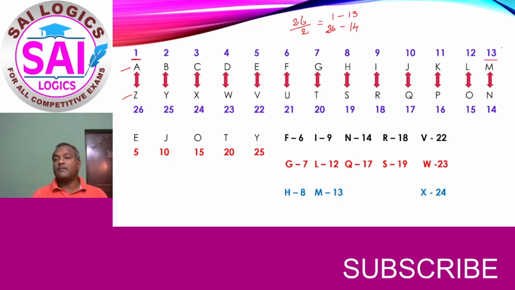So the 13th alphabet, that is M, is the last alphabet of the first set, and the second half starts with 14. So 14 is the first number of the second set of alphabets, that is N. That means M is 13 because it is the last alphabet of set 1, and N is 14 because it is the first alphabet of the second set.